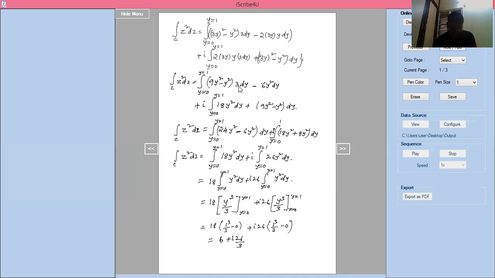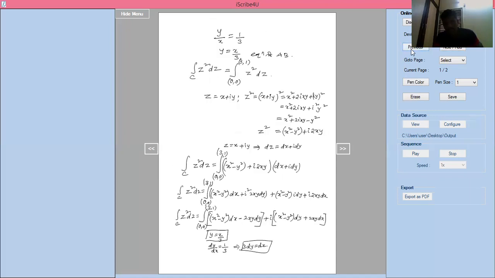This is integration of c into z square into dz along the path, which is the required solution for the given problem. So here only one curve they have given, along the line. What is the line?